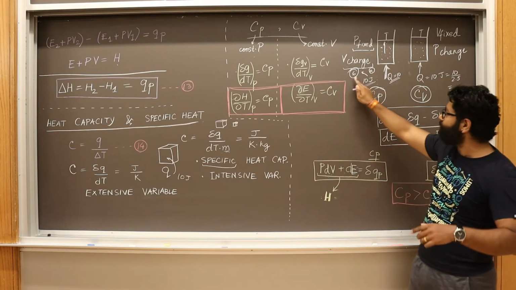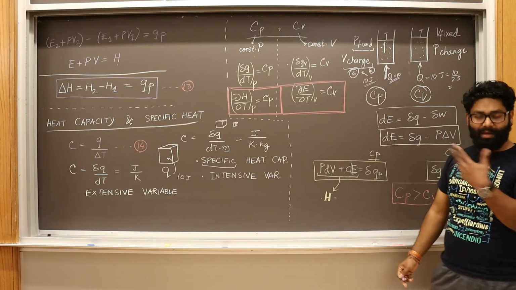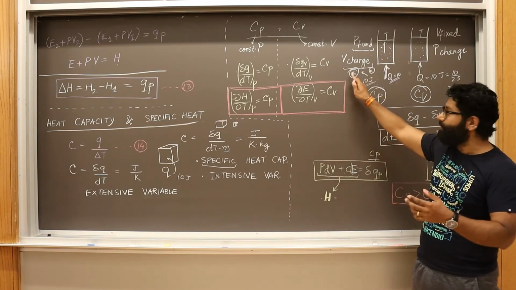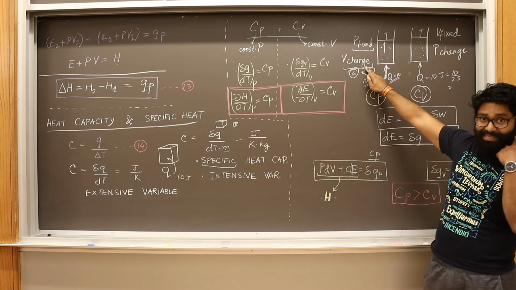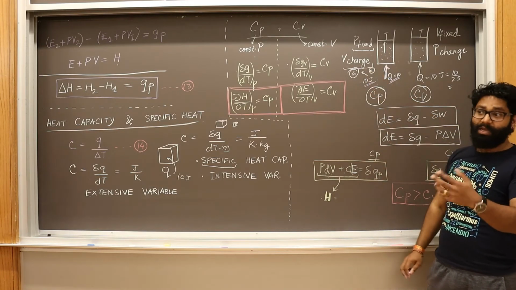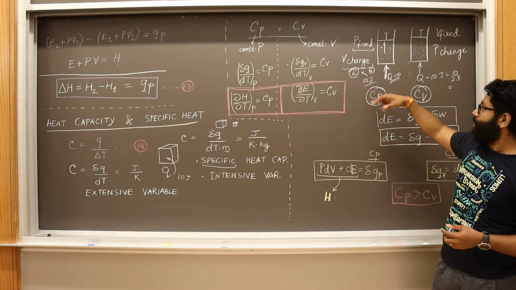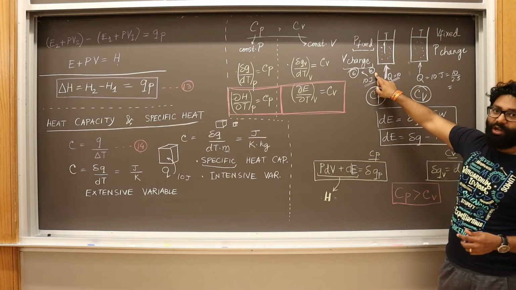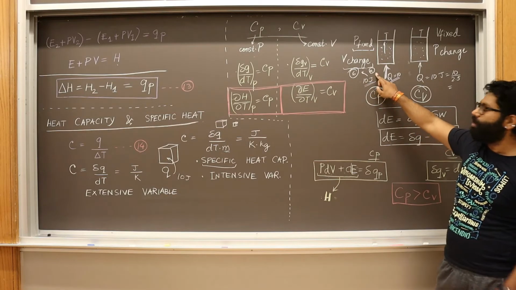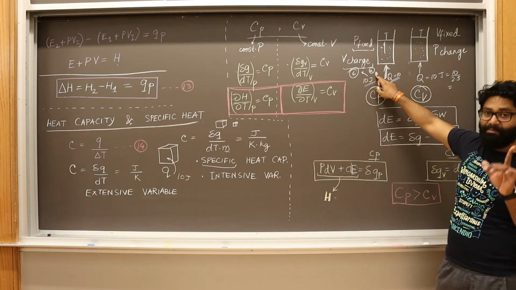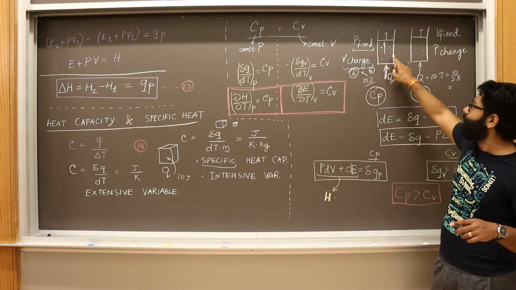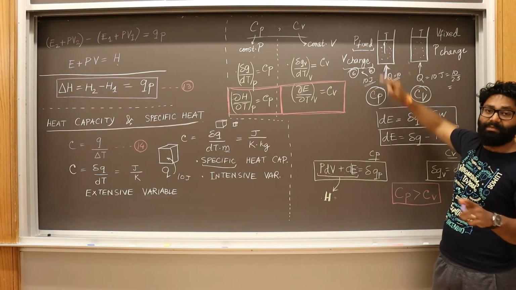Some of it is going to waste to do some work, to do some volume change, for expansion of this whole system. So only this 4 joules of heat, which is 10 minus 6, remains available to increase the temperature of this system, right?